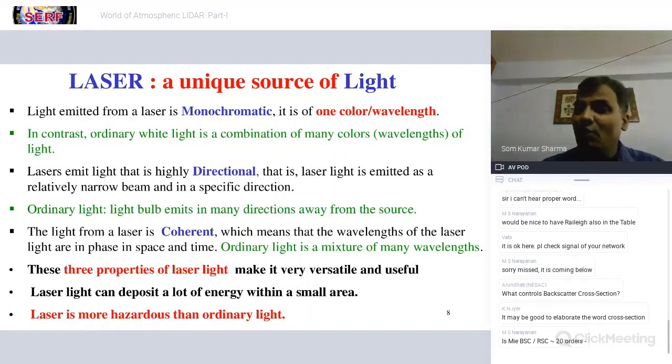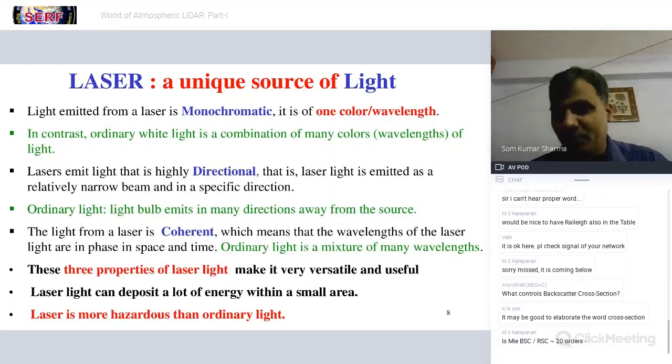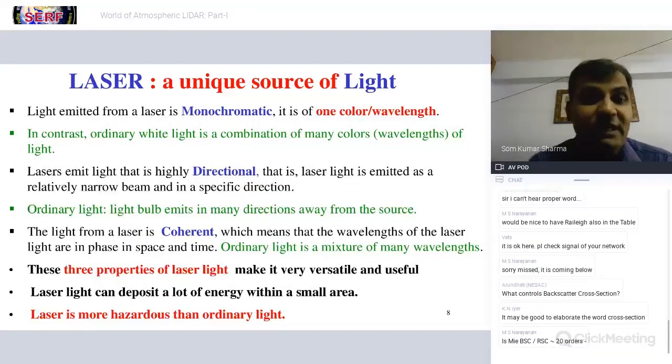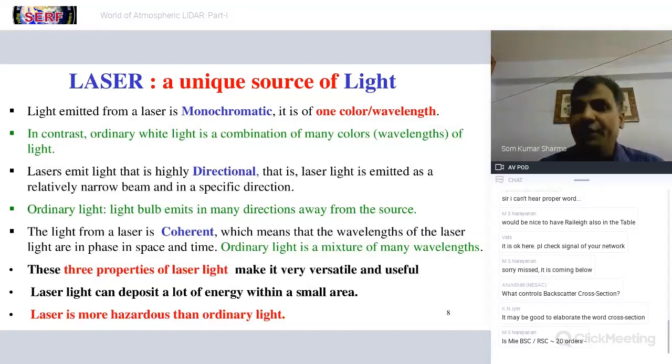So if there is no change in the phase of different wave packets, then that is coherency. I will explain further diagrammatically. Contrary to it, ordinary light is a mixture of many wavelengths, so there is no coherency.